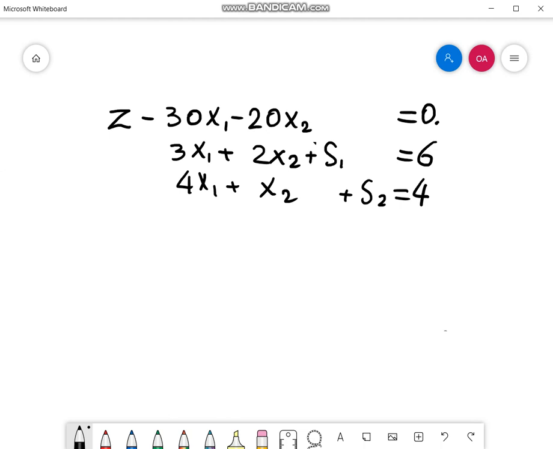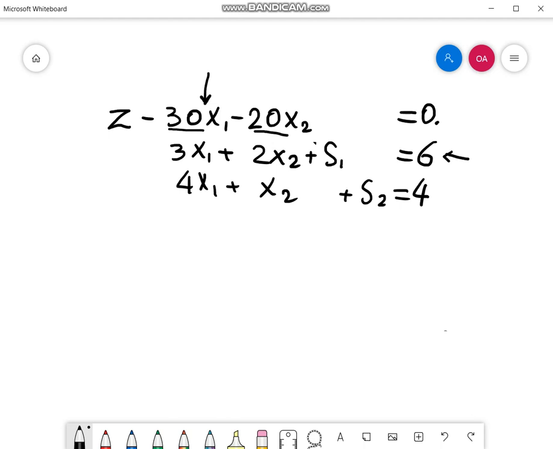By logic, if you have a choice to produce between one item that contributes $30 per item and another that contributes 20, for sure you're going to choose x1. And when you look at these equations, you see this equation is more convenient. I need just to multiply it by 10 and add it to this one, then switch the resource from here to x1. Then I'm going to have the contribution for z.